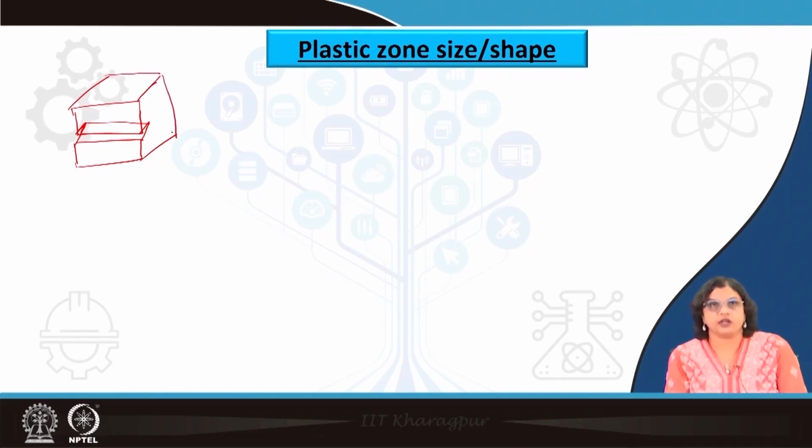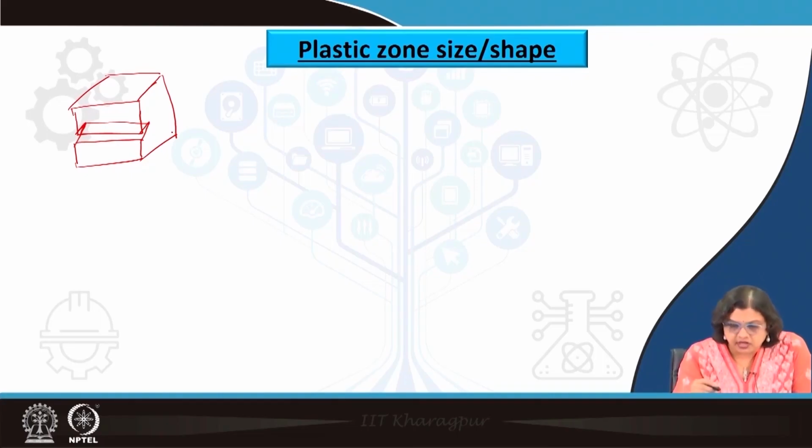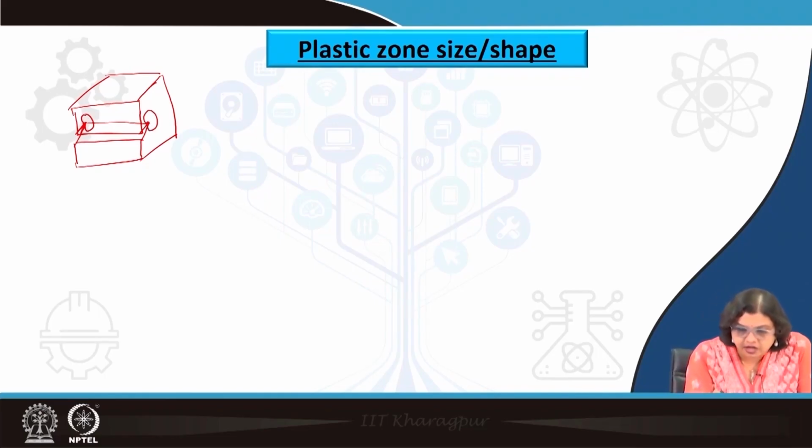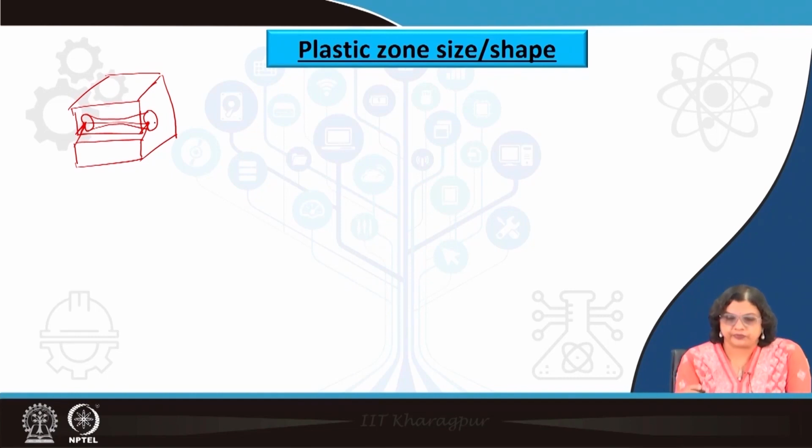Okay, fine. So, if there is a crack, then at the tip of the crack this plastic zone size will form, okay, both near to the surface. So, these are the two surfaces of this, but this plastic zone size will be restricted in the intermediate section.